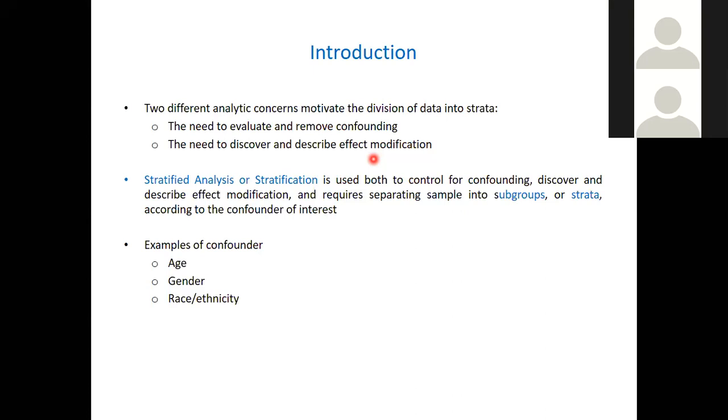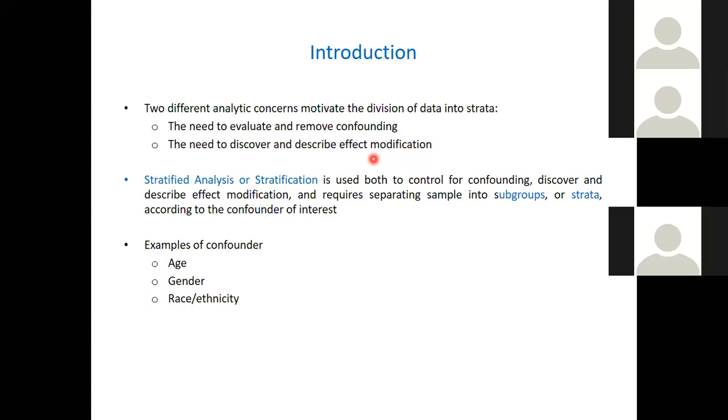You remember the data with the beer goggle effect, where people were choosing mates, male and female. When we ran the ANOVA, we discovered the interaction effect of sex and alcohol. So it's the same thing here. The interaction is the effect modification.